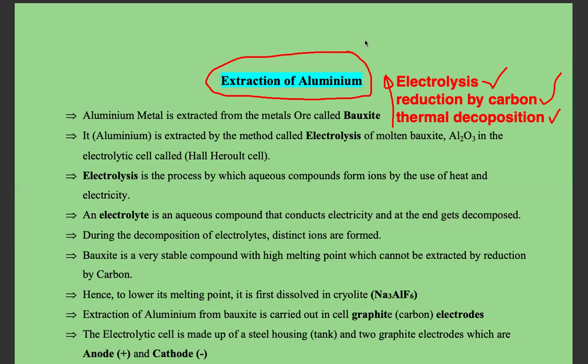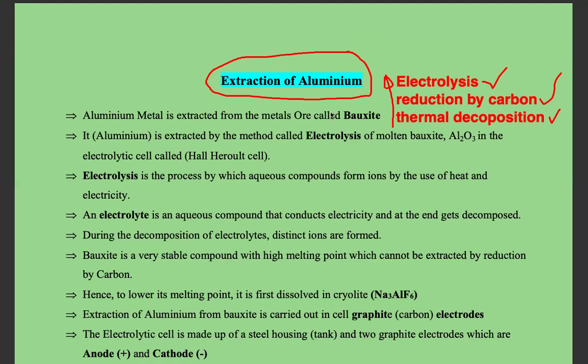Zinc also has a lot of metal ores, but the chief metal ore for zinc is zinc blende. And aluminium also has many metal ores, but the chief metal ore from which it is extracted is called bauxite.